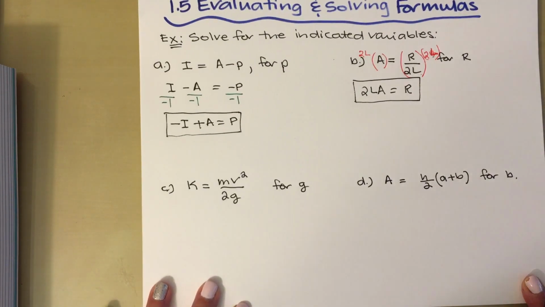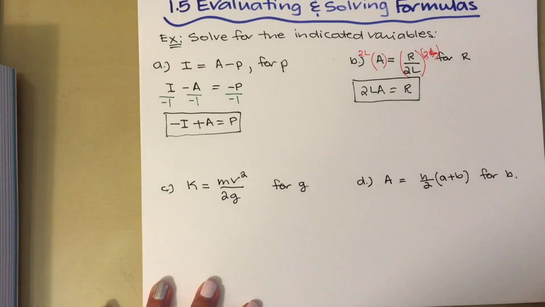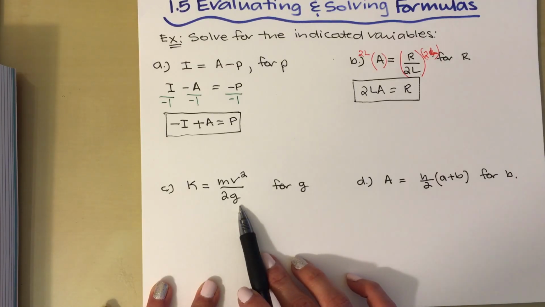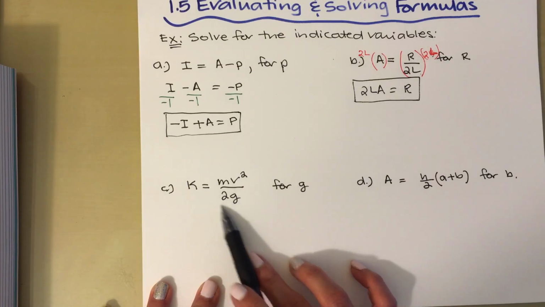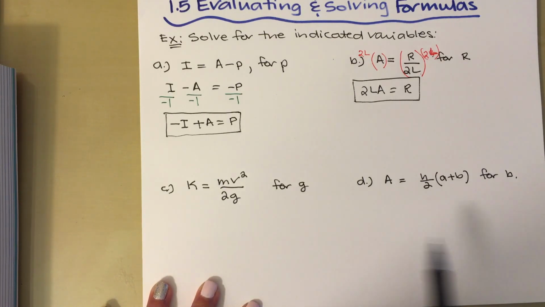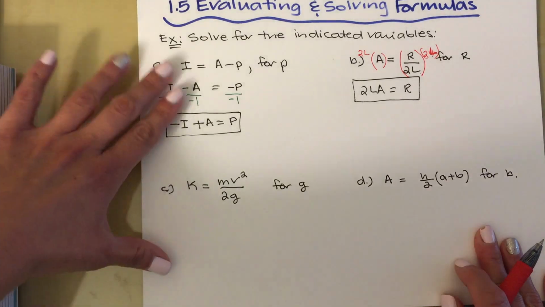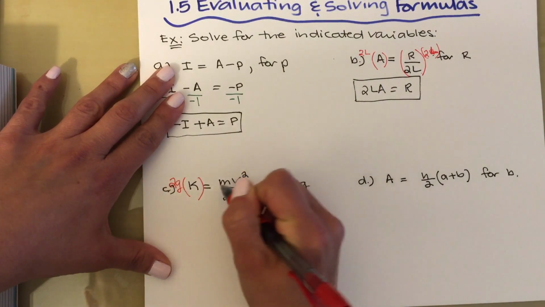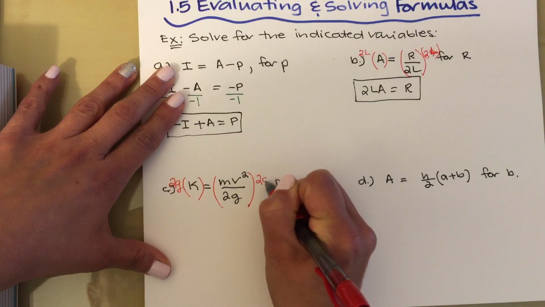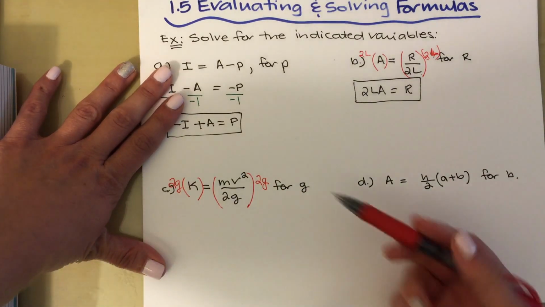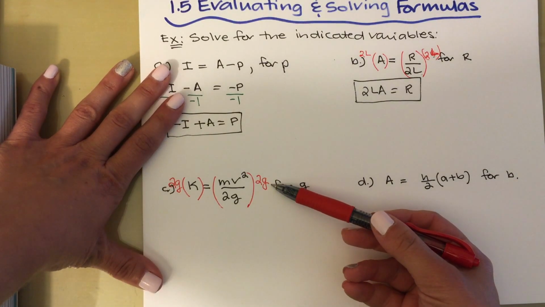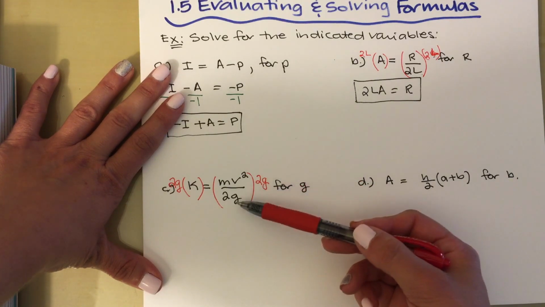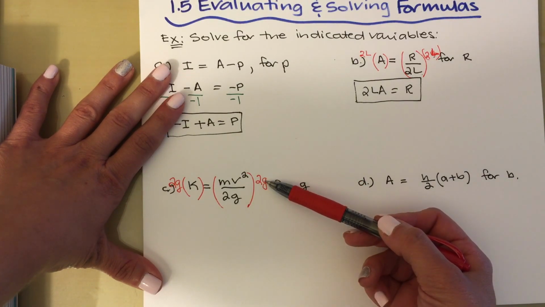Example C, we would like to solve for g. Again, we have a fraction, so whatever this denominator is, you multiply both sides of the equation by 2g. Remember, 2g is in the numerator. So basically, this will reduce to 1.